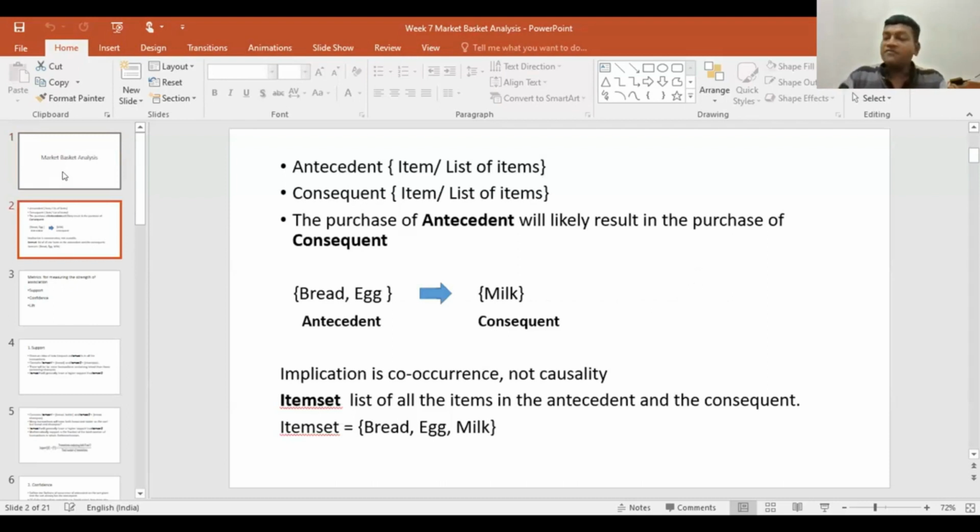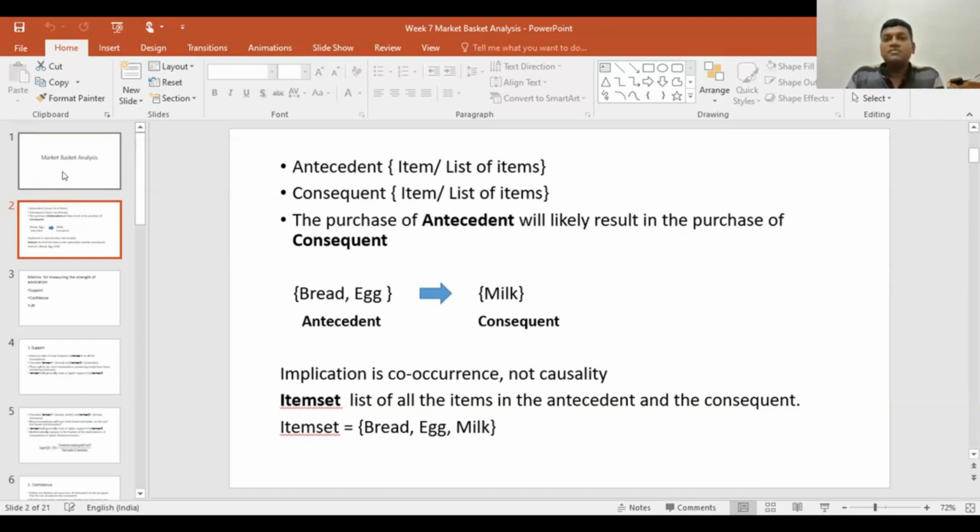Essentially, we have two sets of items, what we call the antecedent and the consequent. Both of these are either one item or a list of items. An antecedent is an item which you've come to purchase primarily, and the consequent is what you would perhaps buy after buying the antecedent.